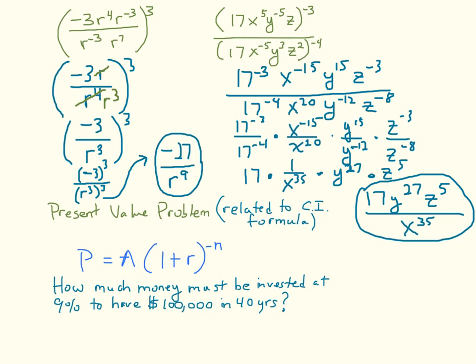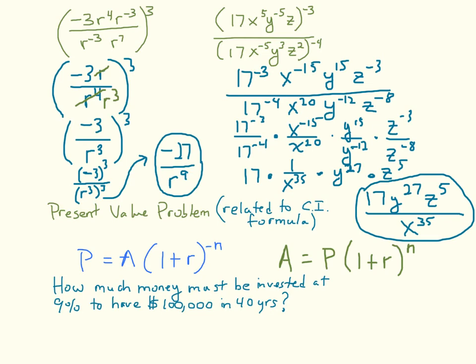Now the present value problem is related to the compound interest formula. The compound interest formula is actually amount equals the principal, so the amount in a bank account where you're investing P, the principal, times 1 plus the interest rate, to the number of years you're going to be compounding interest. That's what the CI means, compound interest.